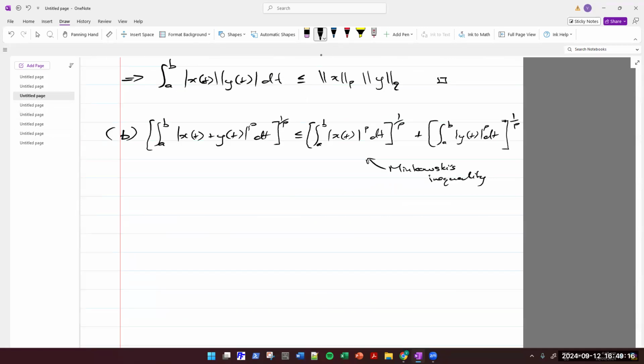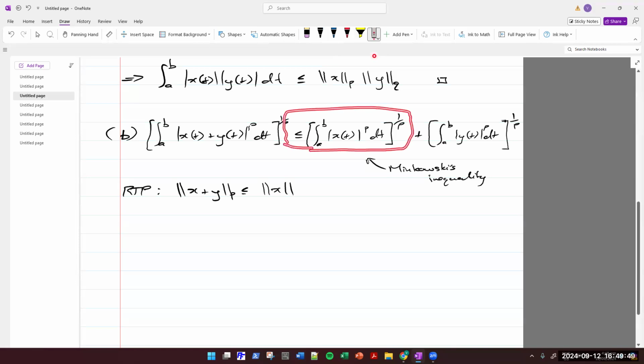That's all we need to know. So I'm going to rewrite Minkowski's inequality in terms of the norm symbol, and then you'll see why I keep saying this is the triangle inequality. The left-hand side turns into the norm of x plus y, the p norm, is less than or equal to the norm of x, the p norm of x, plus the norm of y, right?